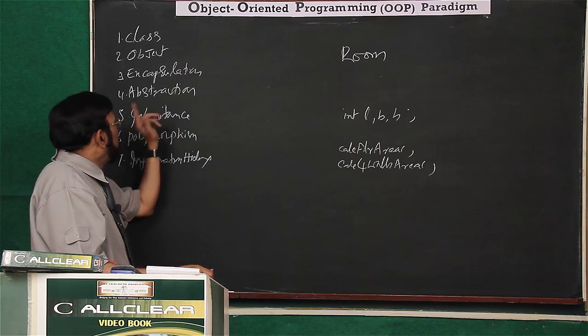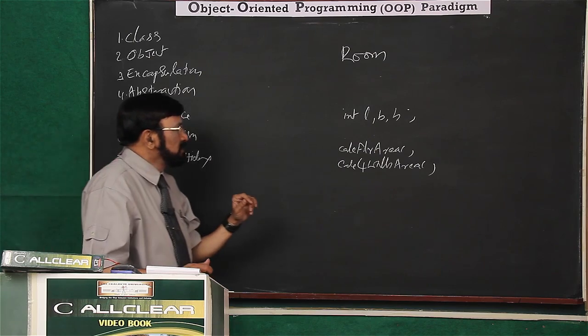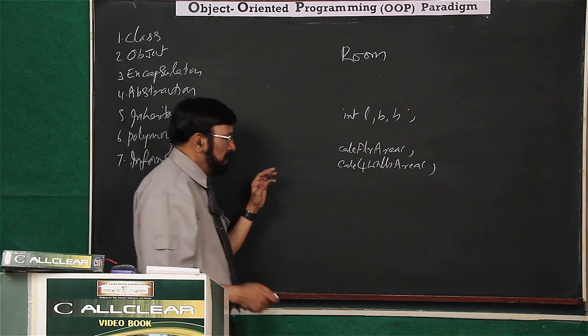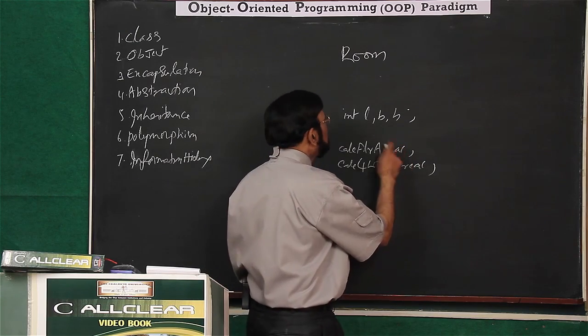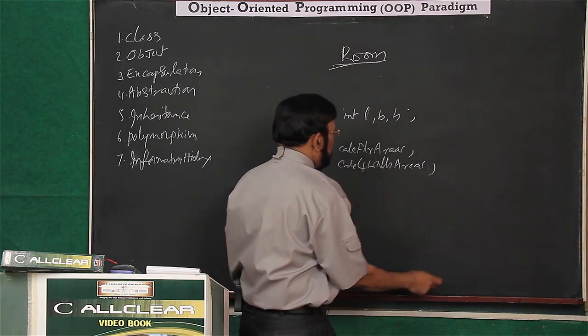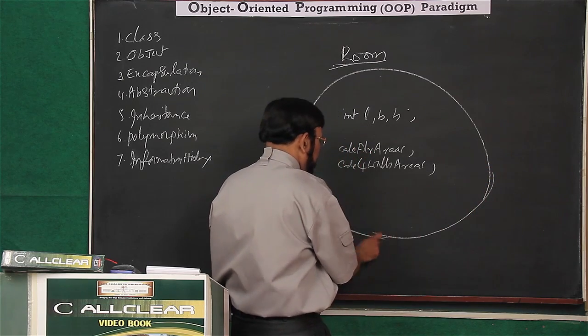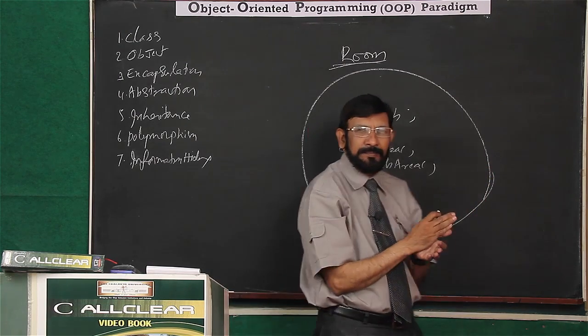Now also, in order to explain encapsulation, the third characteristic, I am taking an example, the room class, same room class. These are what I told you, these are encapsulated. Encapsulated means these are integrated.